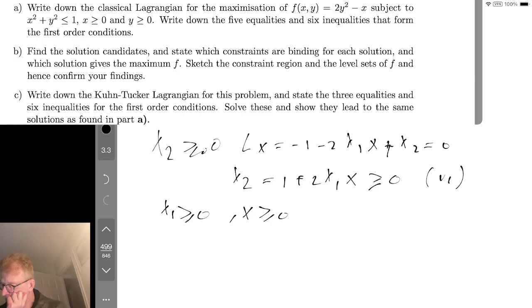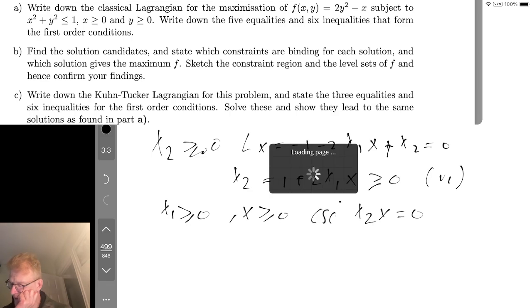And this is what we later use in Kuhn-Tucker theory. We had from condition 4, lambda 2 times x is 0, one of the CSCs.